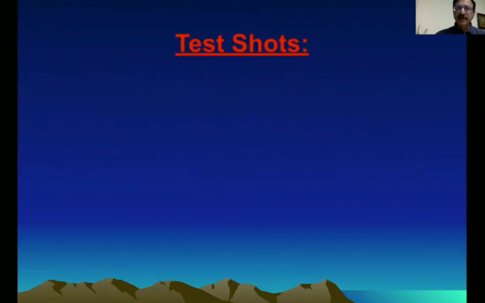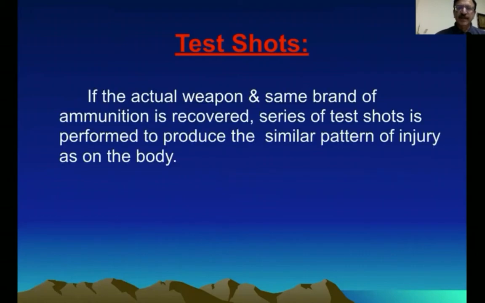And these are either the test shots, that with the repeated test shots, when you gain the similar pattern of dispersion as found in the scene of crime, then this helps in determining the range.